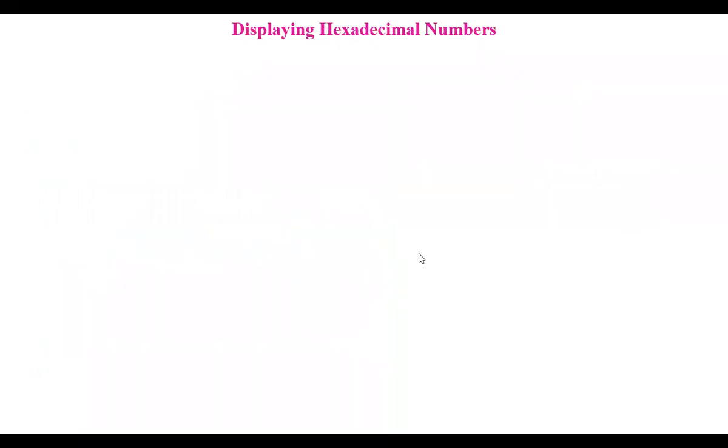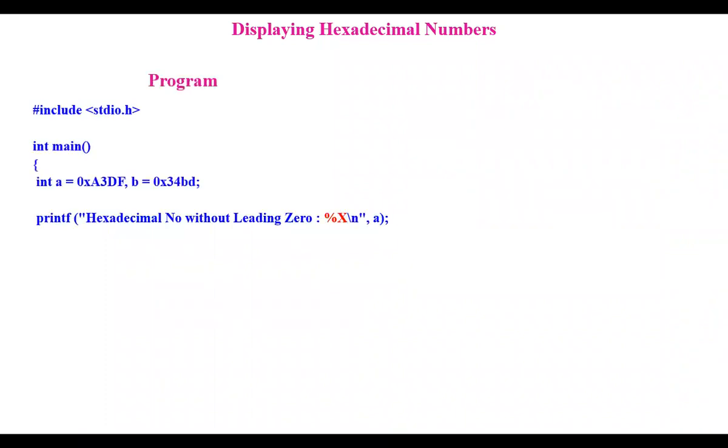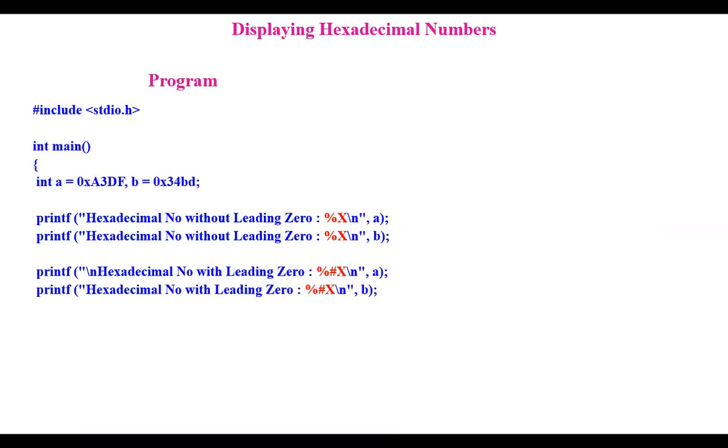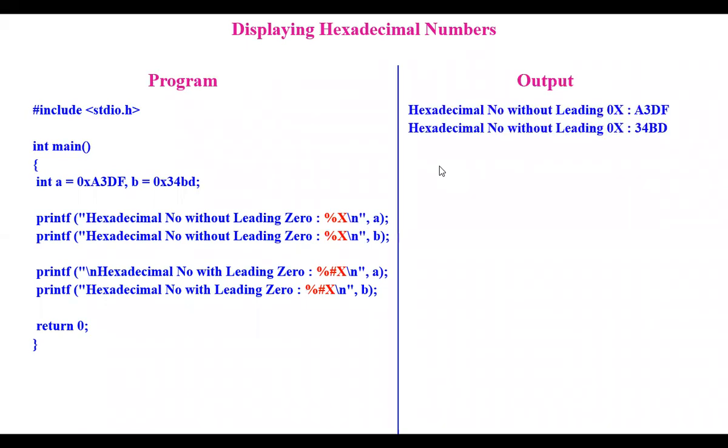Next. Suppose I have taken the same numbers. Just to show you the difference, I have taken capital X, again without hash and with hash. Let us see how the display will be. So the output without hash, we get A3DF.